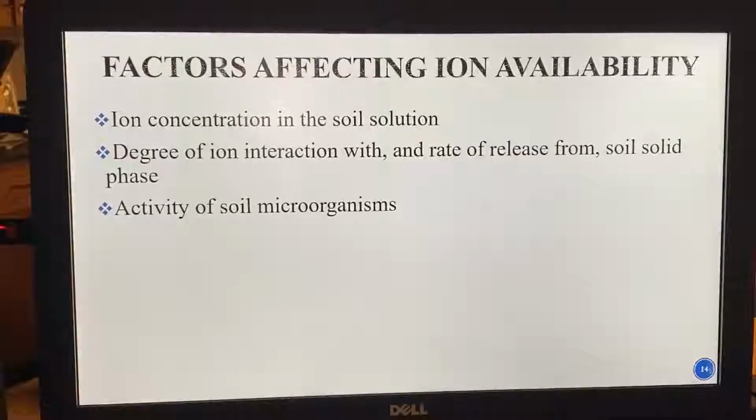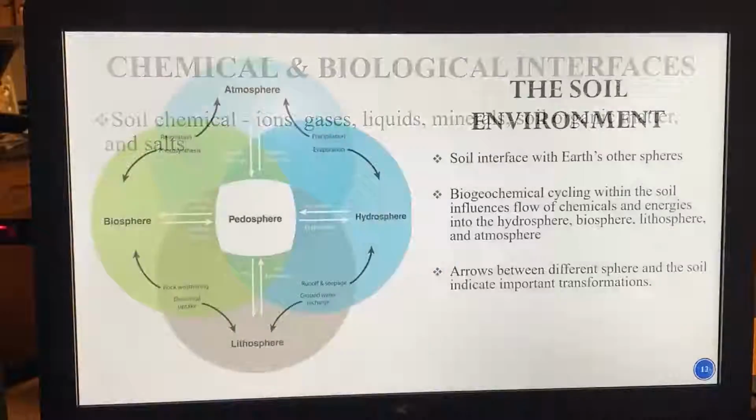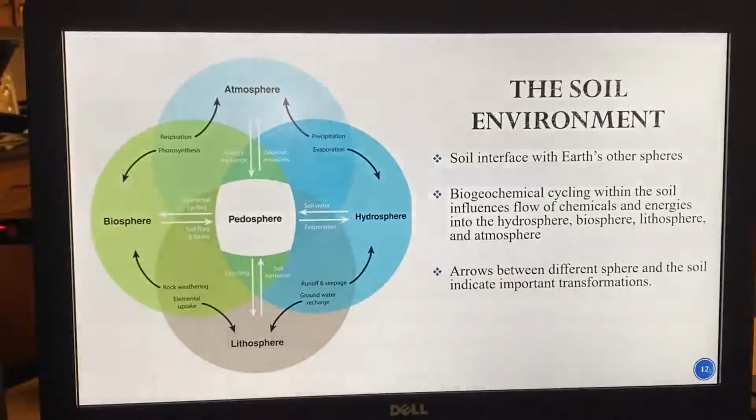Once you change that, if we were to go back here, remember when we have one change, so now if we increase the temperature, we increase evaporation. If the water moves out of the soil, what happens to the microbial activity?